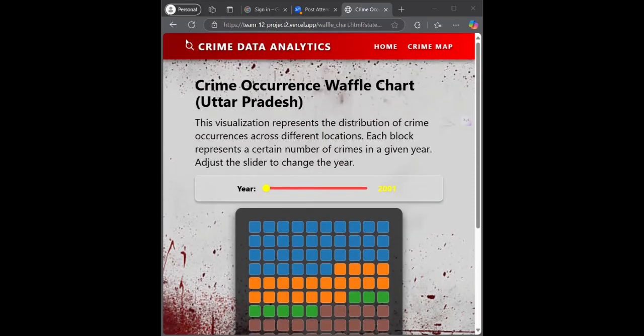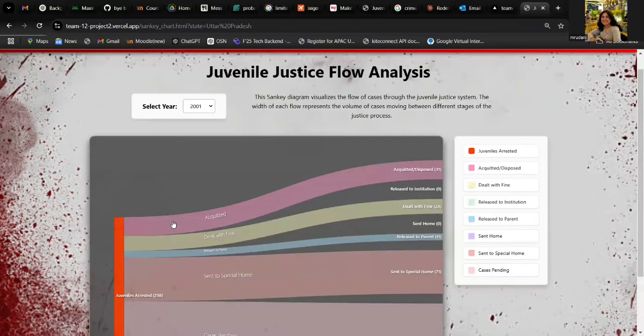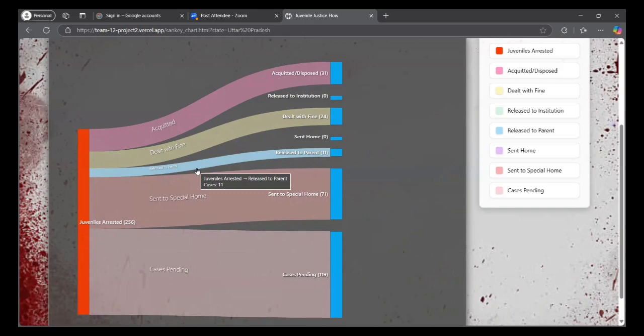Now, Shravani will take over for the Sankey chart. Myself, Shravani. This visualization answers the question of how cases move through the juvenile justice system using a Sankey chart. A Sankey chart is a type of flow chart where the width of lines represents the number of cases at each stage.